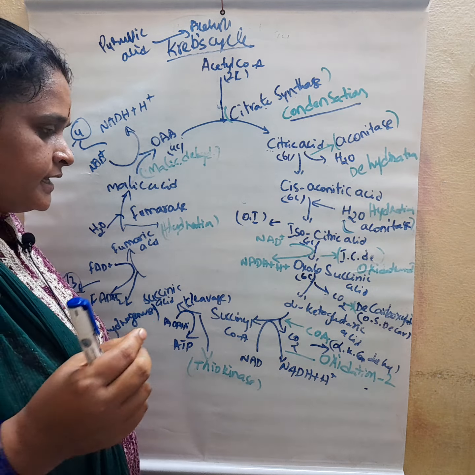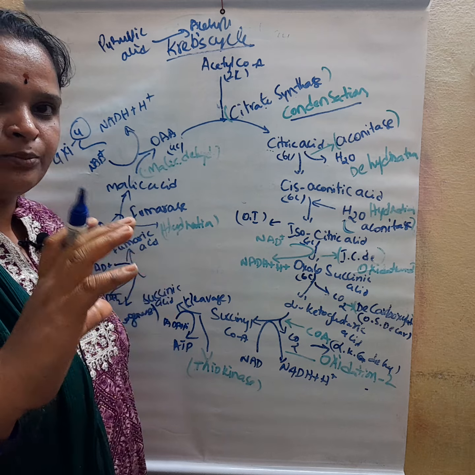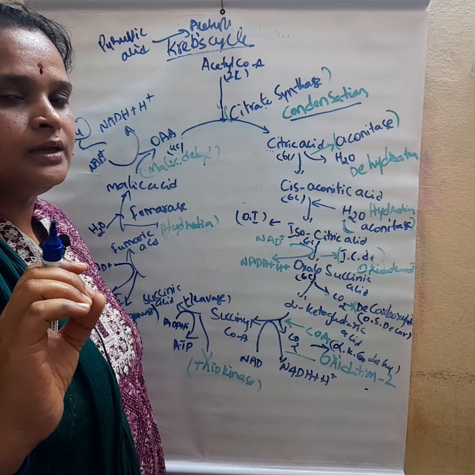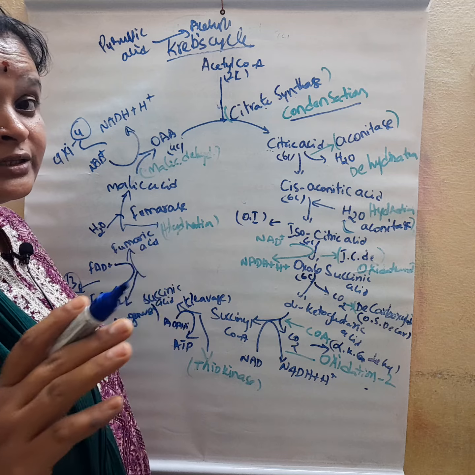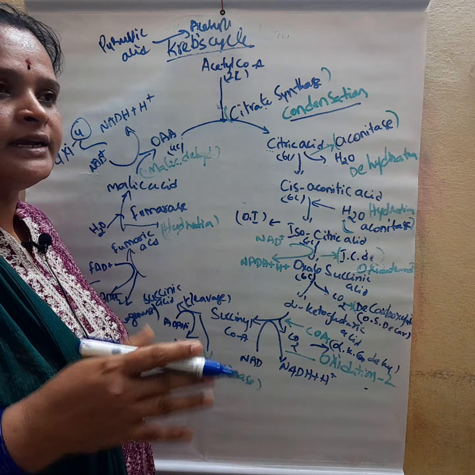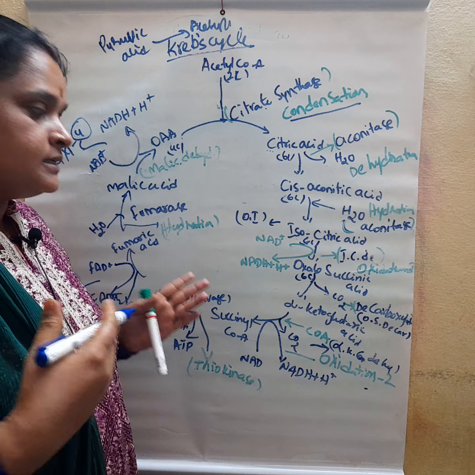Why are we writing the enzyme name dehydrogenase? Because here it is an energy deriving process, so we are concerned about the energy deriving process only, not the elimination. That's why we write dehydrogenase, not decarboxylase. If it were only decarboxylation, we could write decarboxylation, but here it is related to an energy compound also.